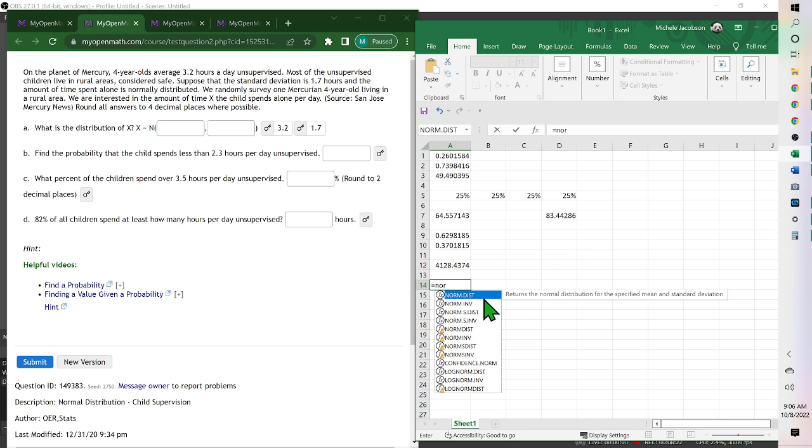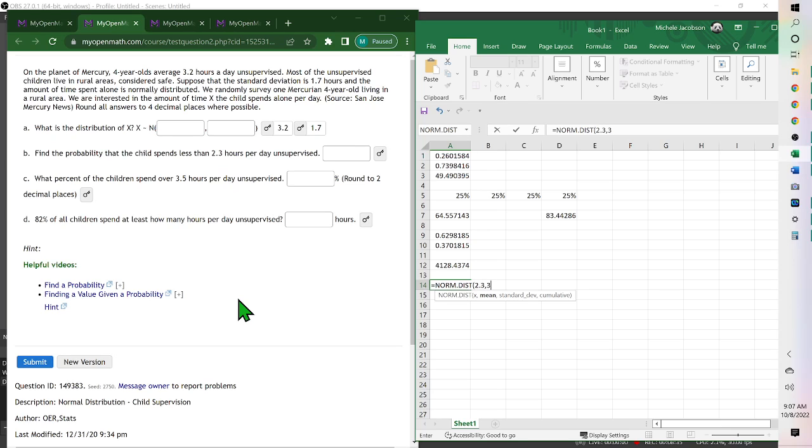We want distribution. And then we put 2.3, mean and standard deviation, 1.7. And it tells you what to put. So we put X, we put the mean, we put the standard deviation. Cumulative is 1. And there's our value.